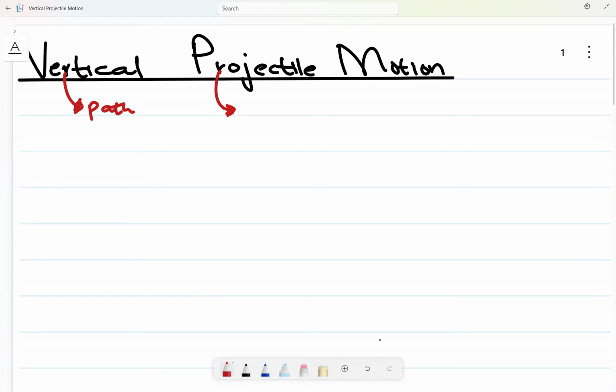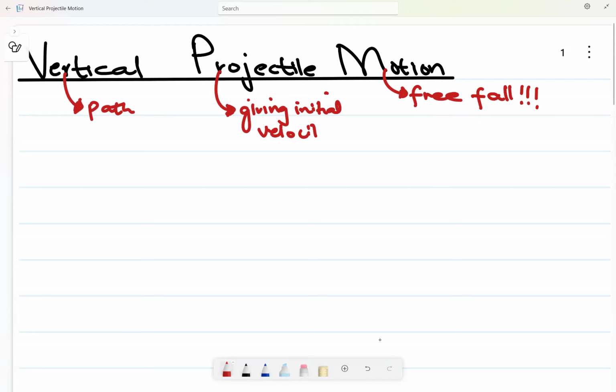The motion that we'll be dealing with is free fall. Most importantly, the type of motion that we will be dealing with is what we call free fall. Projectile is just about giving an initial velocity.